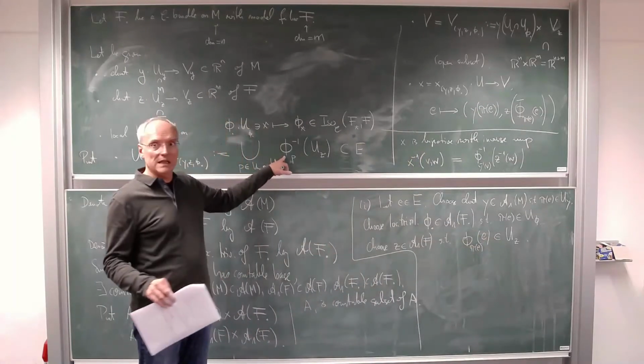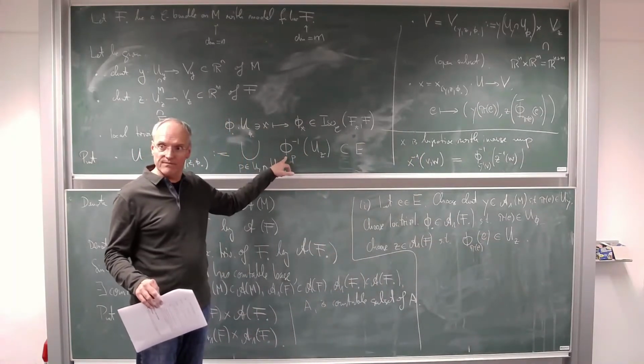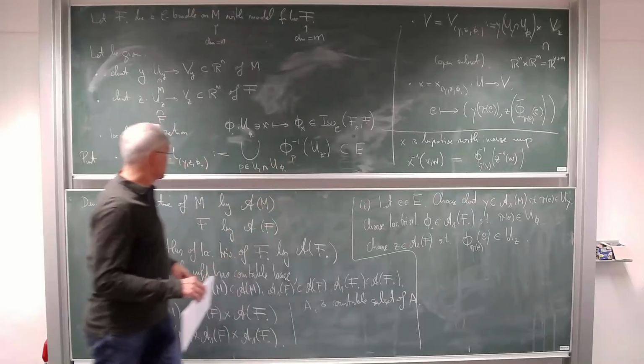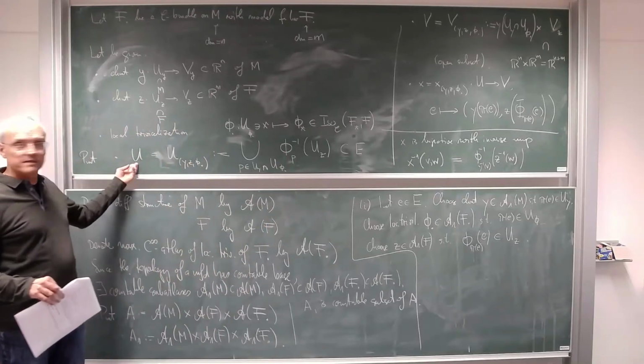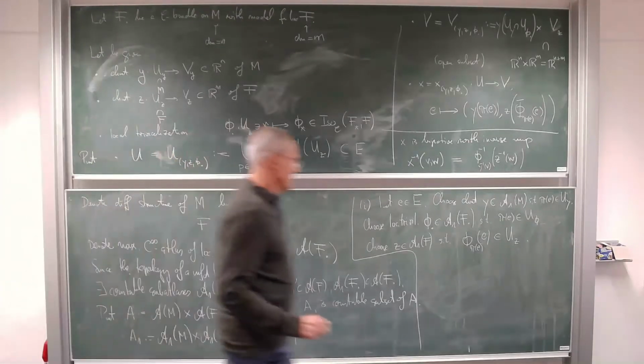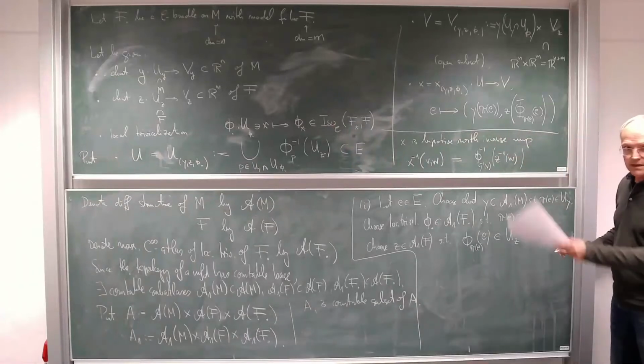So E itself lies in the pre-image of this, and so this means that E itself lies in this set U. This is how I set it up.